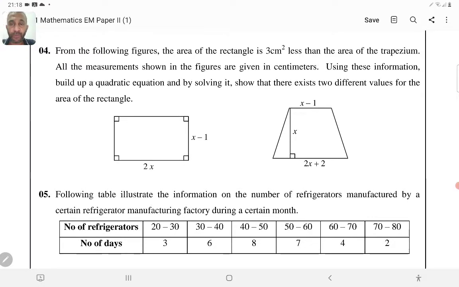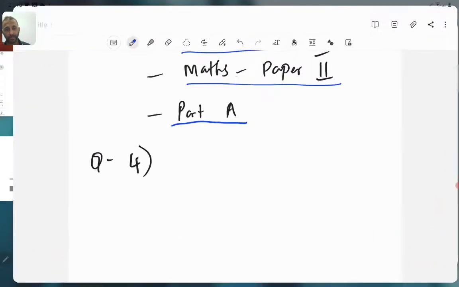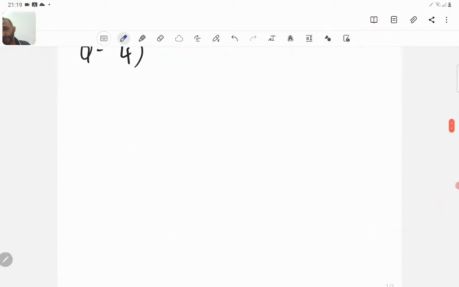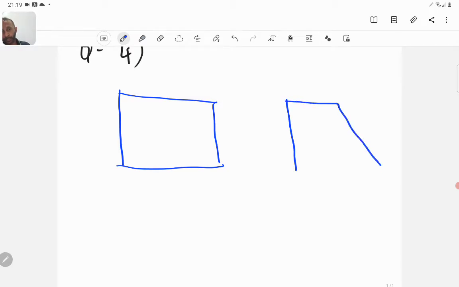From the following figures, the area of the rectangle is 3 centimeters square less than the area of the trapezium. Now you can clearly see here, we have one rectangle, and then we have one trapezium.